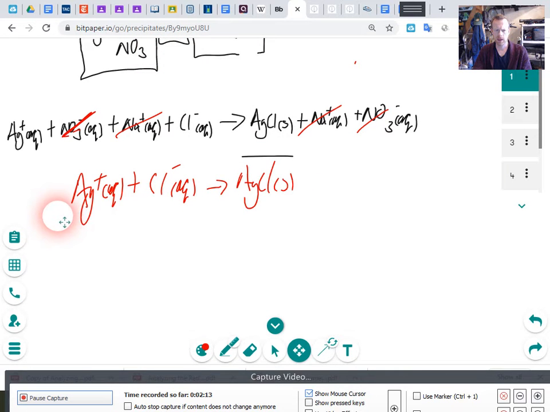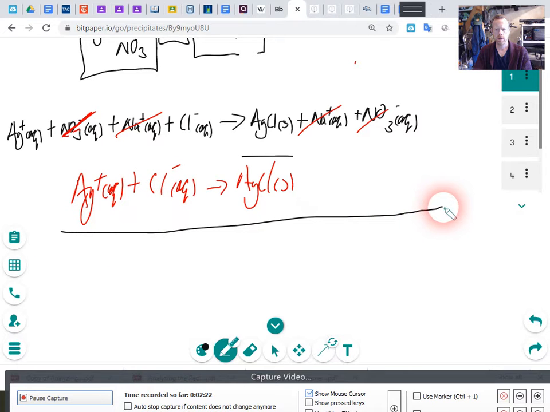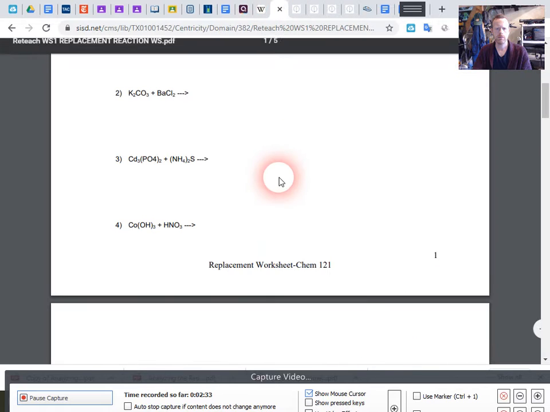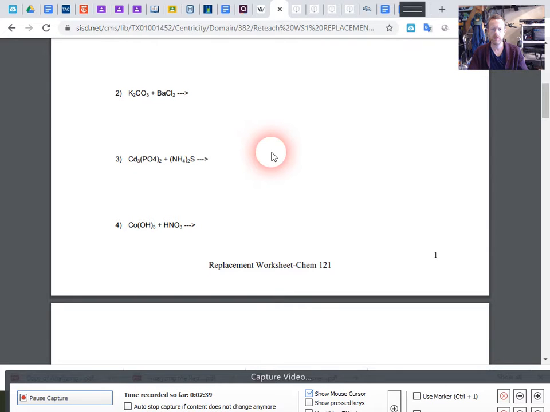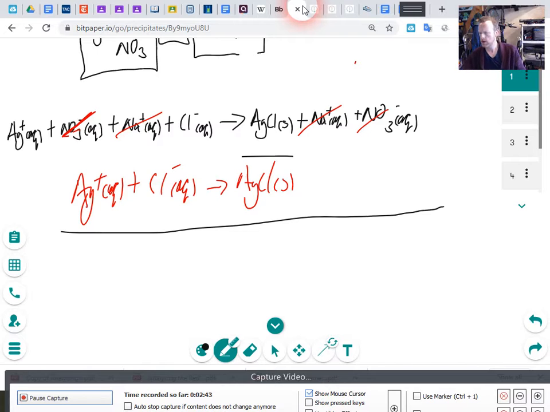So I did up to AgCl as an example before. Let's do these ones here. Sorry, coughing, not corona. Okay, cadmium phosphate and ammonium sulfide. Let's see if I can remember those.